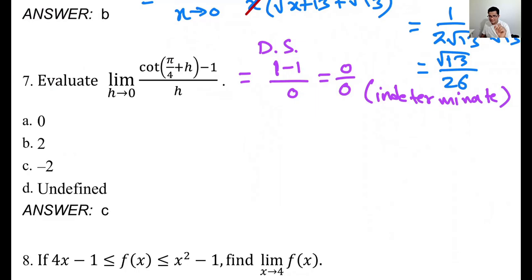Cos over sine will do cos minus sine over cos sine. How will cos minus sine help me? Each of them exists. Okay, but the problem is, one term is also not helping.